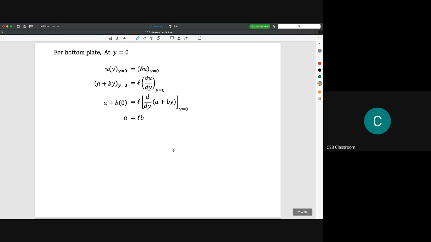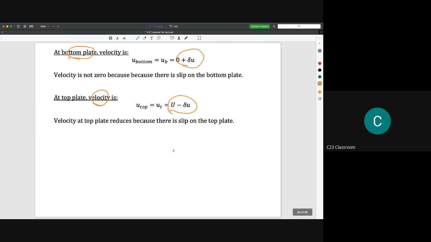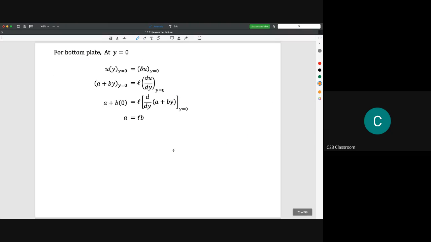Okay, and then we solve the problem using this idea. Starting with du/dy, we arrange it: at y equal to 0, we have delta u, and then we have a plus by at y equal to 0.